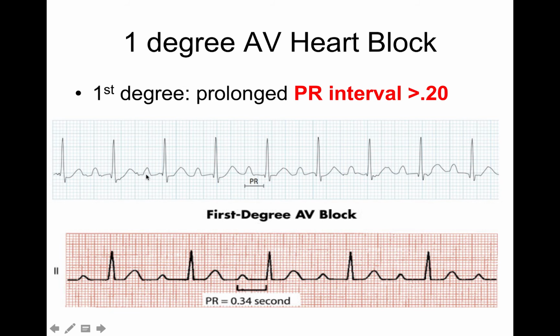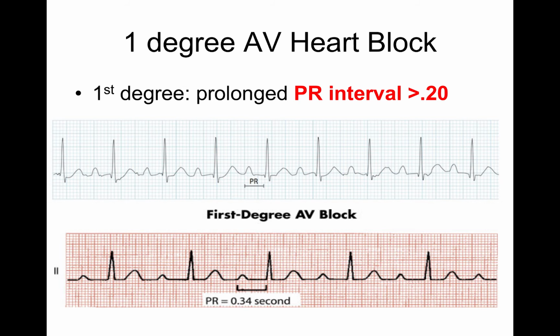So keep in mind, as I'm looking at this first degree AV block, I'm doing my same thing. I'm counting my rate. I'm measuring between this R wave and that R wave to see if the distance is consistent among the two, seeing that I have a P wave for every QRS complex, and then I'm going to go to my PR interval, then my QRS interval, my QT interval.